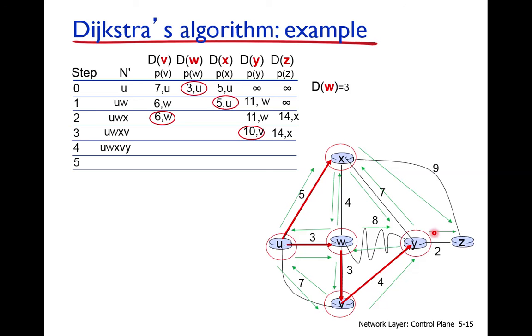If this newly explored link is considered, then the shortest path up to y is 10. So if we consider this link, from u to w, w to v, v to y, it is 10, and 10 plus 2 is 12. So if we consider this path, it will be 12, and the already present path to z is 14.